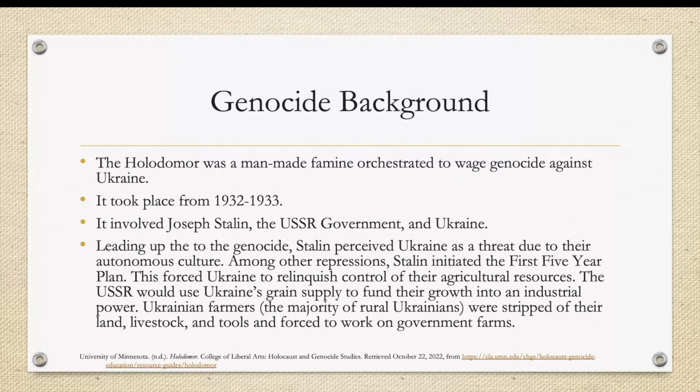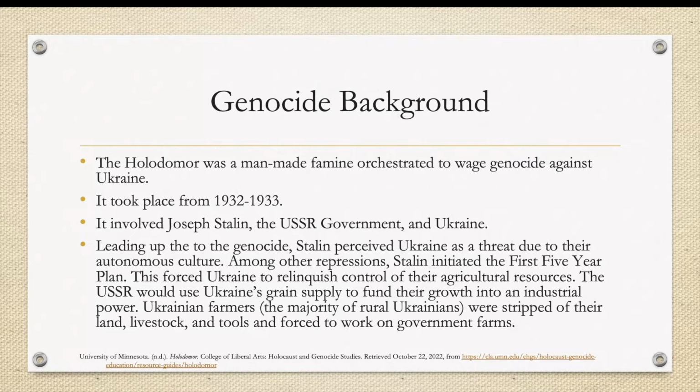So, some background about Holodomor is that the Holodomor was a man-made famine orchestrated to wage genocide against Ukraine. It took place from 1932 to 1933. It involved Joseph Stalin, the USSR government, and Ukraine. Leading up to the genocide, Stalin perceived Ukraine as a threat due to their autonomous culture.